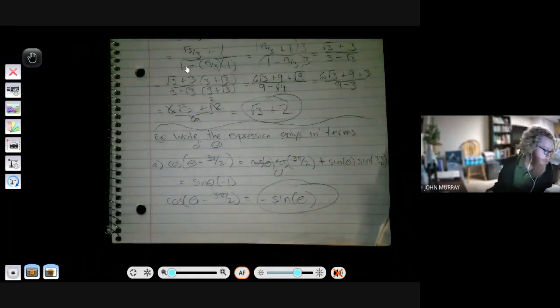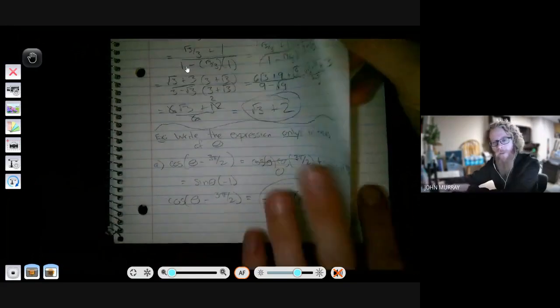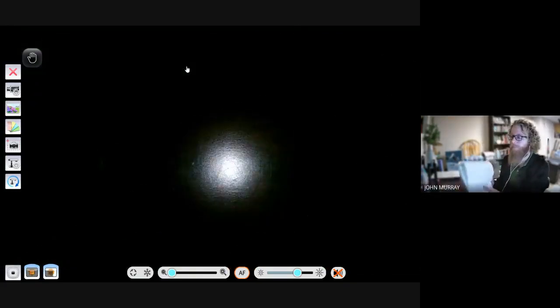Okay, and actually we can use this to prove those co-function identities that we saw when we were dealing with identities. All right, so I'm going to do one of those to show you.